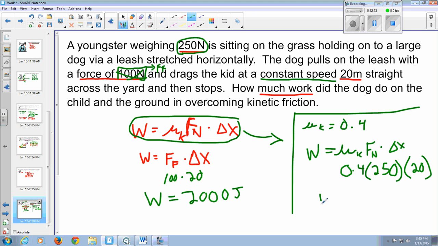So work in this situation is equal to, a pretty lucky pick by me using 0.4, another 2,000 joules. I guess it would have been nicer if I had picked a different coefficient, and you can see that it would have had a different work. It just happened that I picked the perfect coefficient to correspond with the problem. Woohoo.